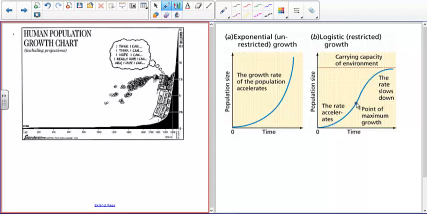So it grows really quickly, but then at some point food gets more scarce, so the deer become less healthy, and they have either fewer offspring or the death rate increases, and growth slows down. At some point you reach an equilibrium situation, and the population remains fairly constant.